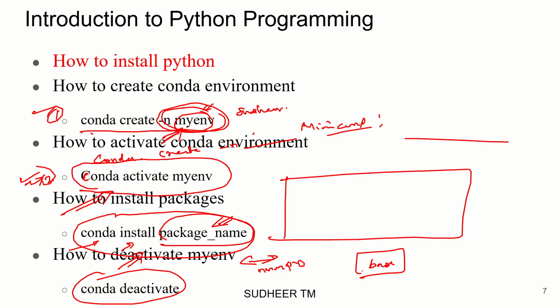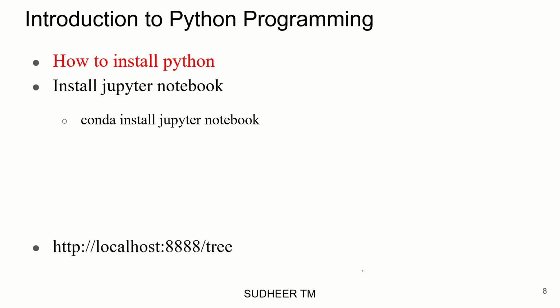Once you start conda, it will be in your base environment. All of your programs and supporting packages will be installed into your environment, and you need to work within it. Once you finish working, you need to deactivate it, so that others can come with their own environment and work on it. Okay, so these are the basics.